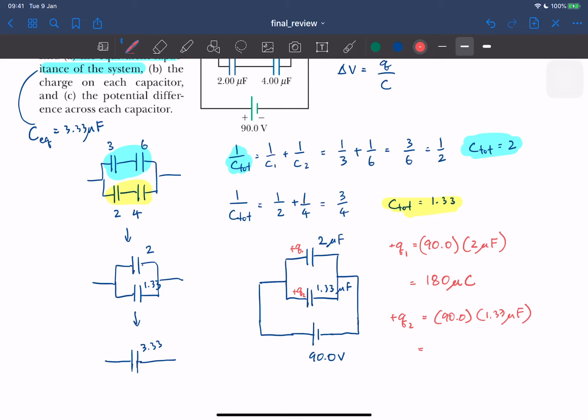If you calculate this, you get 120 microcoulomb. So you can see that the top one has plus 180 microcoulomb. The bottom one has plus 120 microcoulomb.